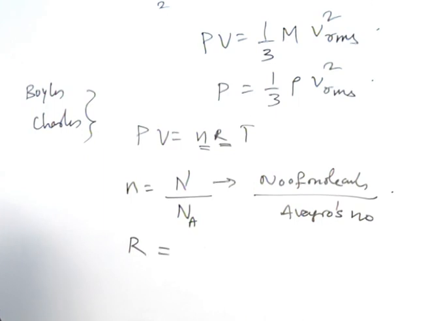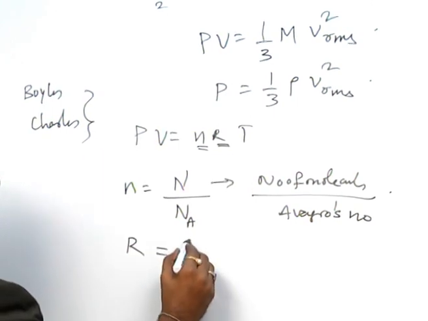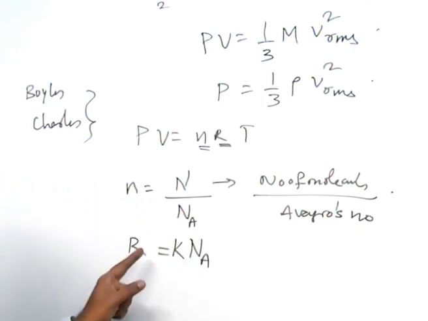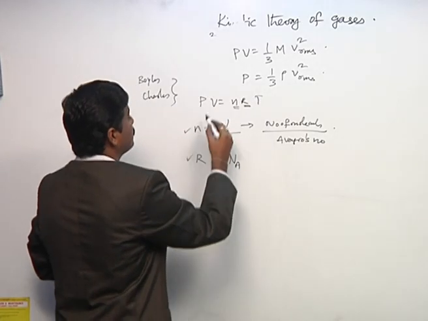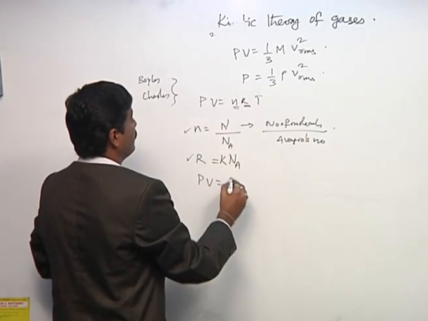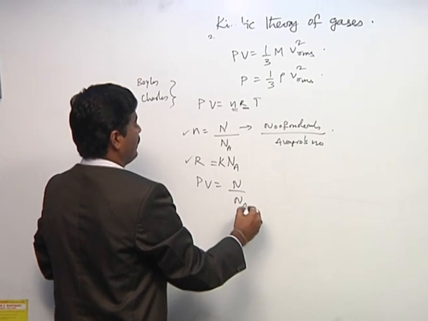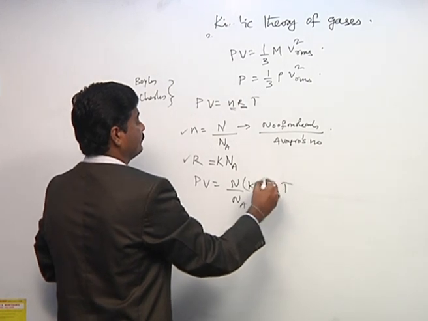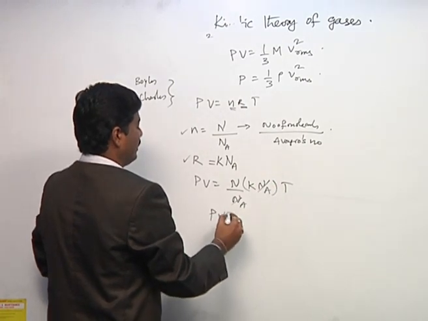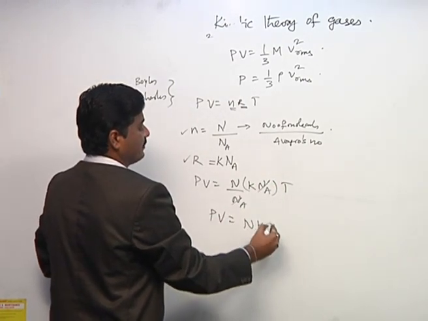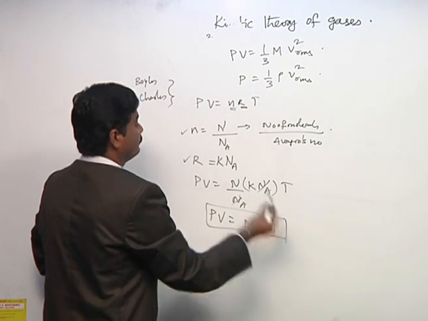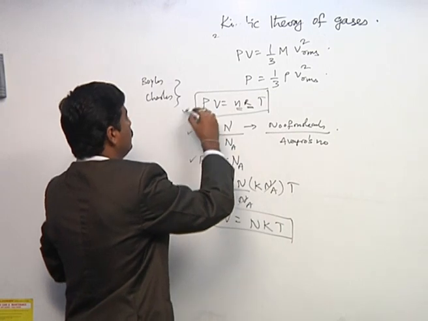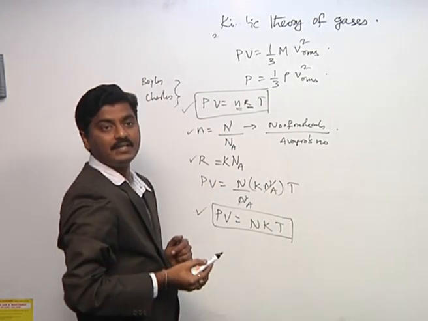This we can write as Boltzmann constant k and Avogadro's number. If we substitute these two values, what we get is PV is equal to N by Na into k into Na into T here. See, from this we can write NkT here.